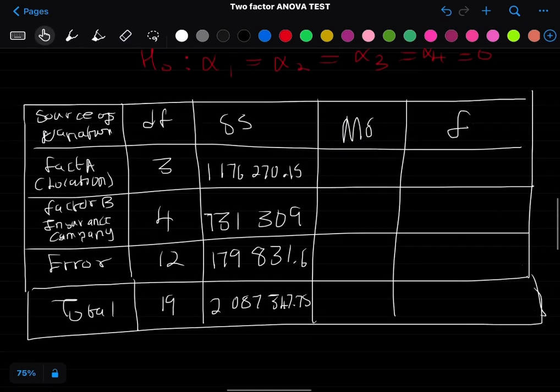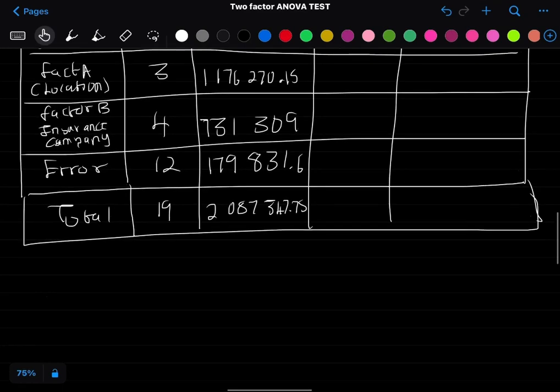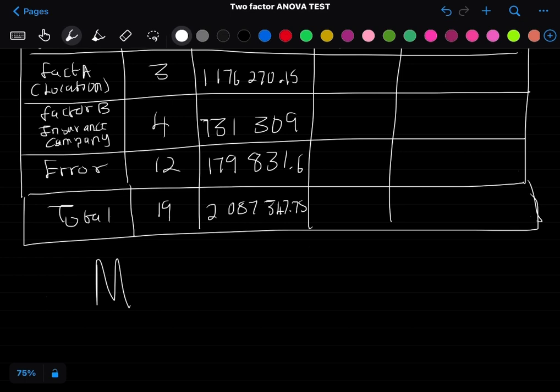Now let's find our mean square. So mean square for the factor A, mean square for the B, mean square for the error. There is no mean square for the total. I repeat, there is no mean square for the total.